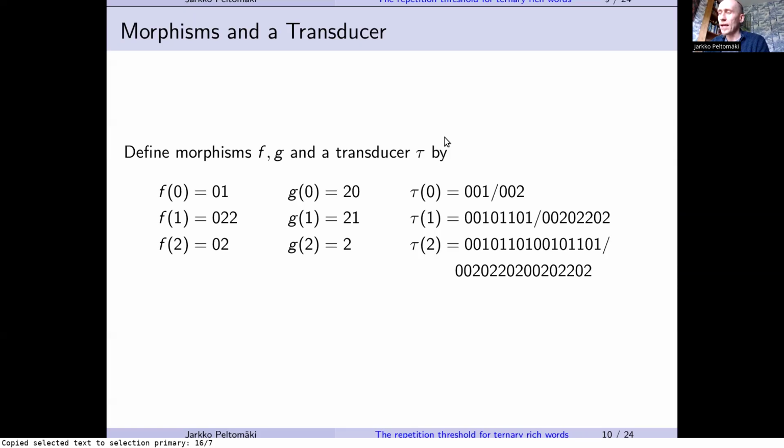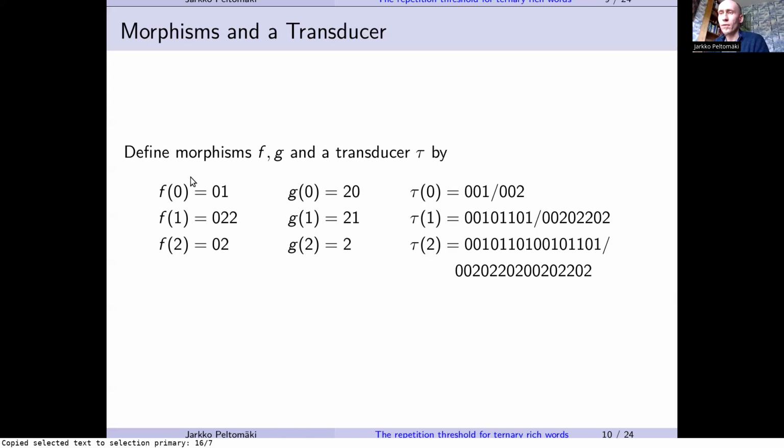Before I can state this structure theorem that explains what the rich ternary words with low critical exponent look like, I need to define some morphisms and a transducer.